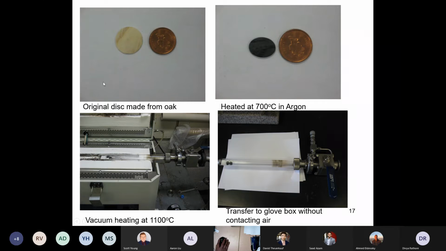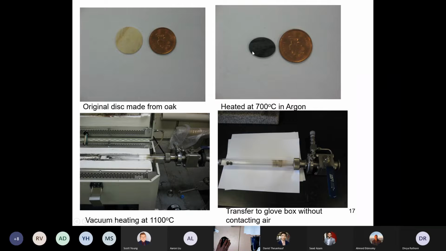So around 1995, we were making carbons from virtually everything we could. So this is a little disc of oak compared to a copper penny, okay? And then this disc of oak was put into a small furnace inside a sealed quartz tube and heated to 700 degrees C, all right?